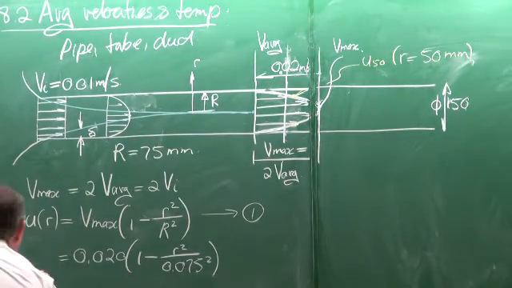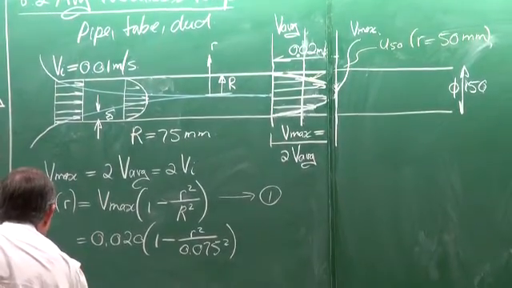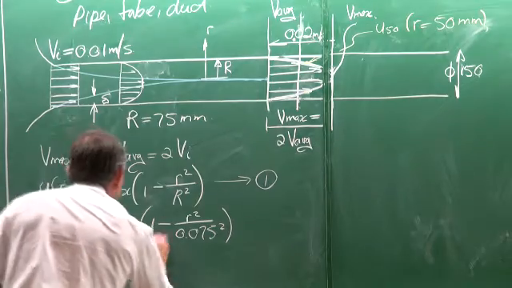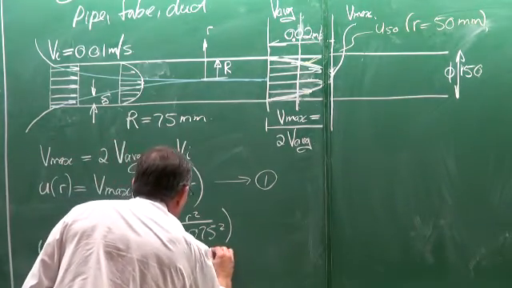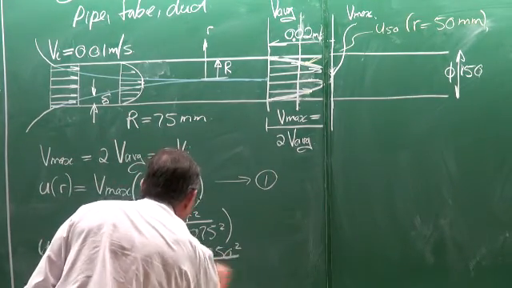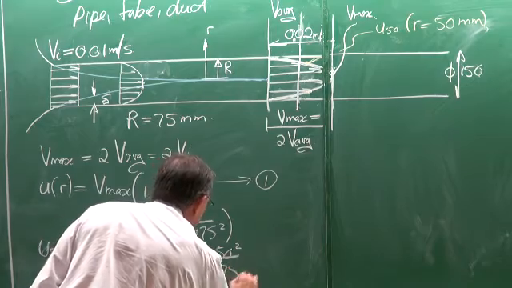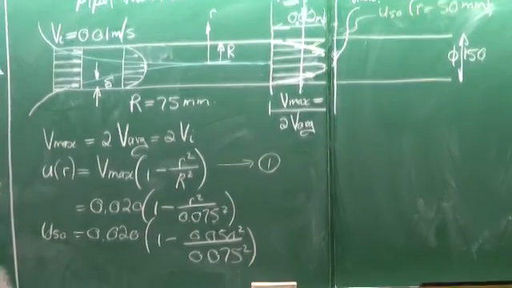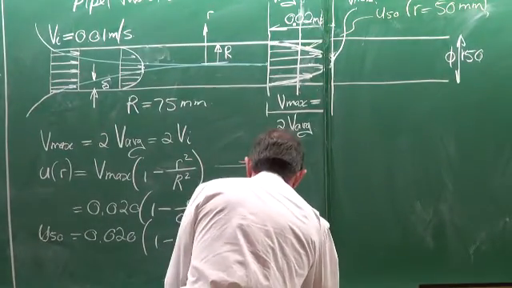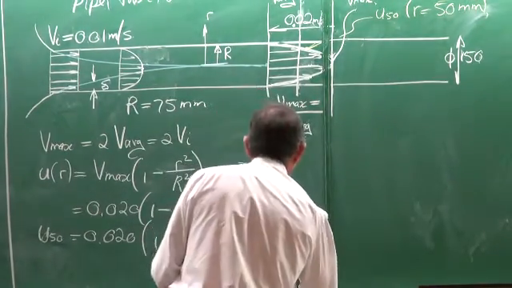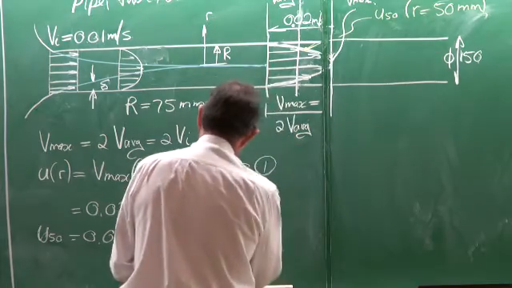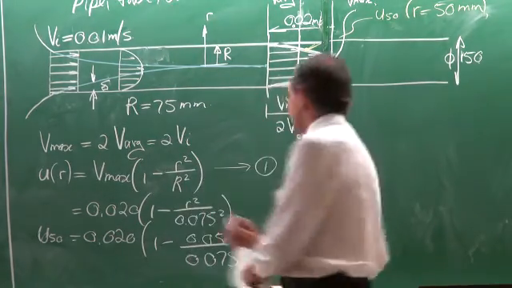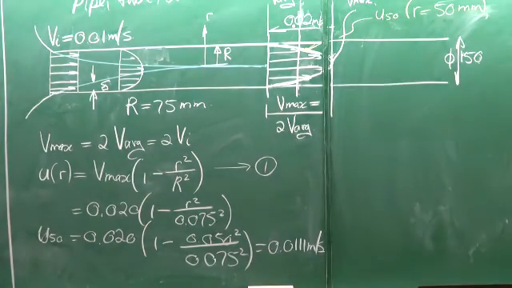Then we can calculate the velocity at 50 millimeters by putting it into this equation, 1 minus 0.050, to get it in meters per second, divided by 0.075 squared. And the result would be equal to 0.0111 meters per second.